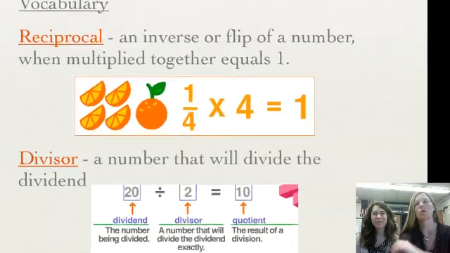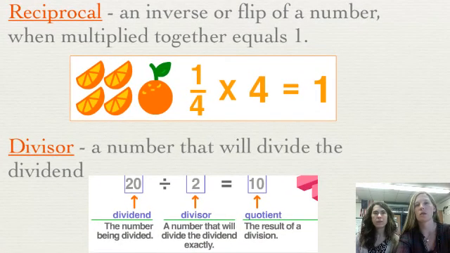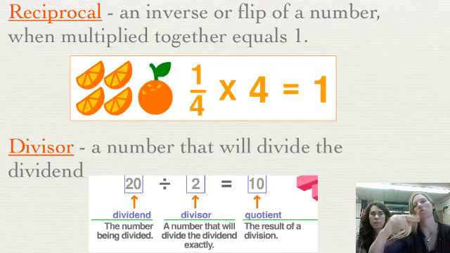So our first vocab word is reciprocal. And I know that sounds all fancy and you're impressed with all my math knowledge. It's actually pretty easy. It's finding the inverse of a number, or the flip. So in this case, the reciprocal of 1/4 would be 4, because you're flipping it.